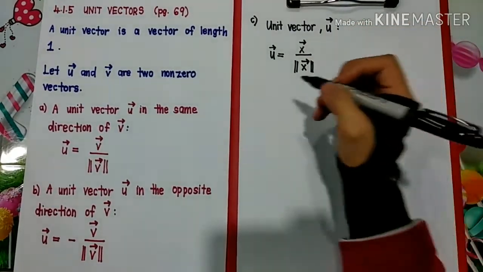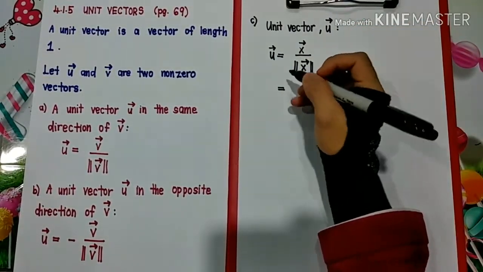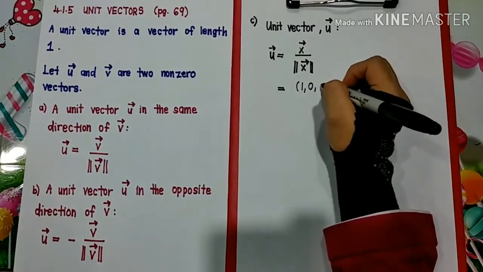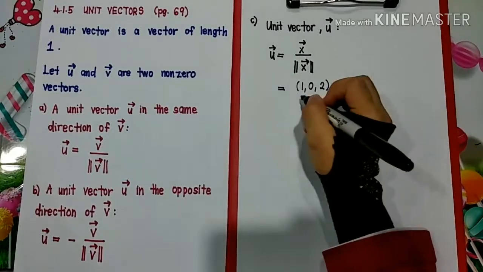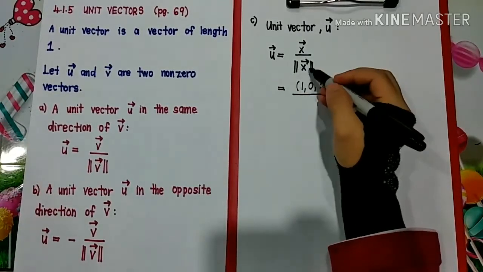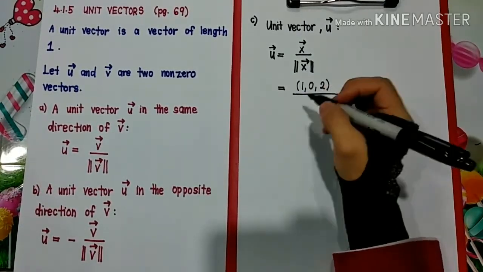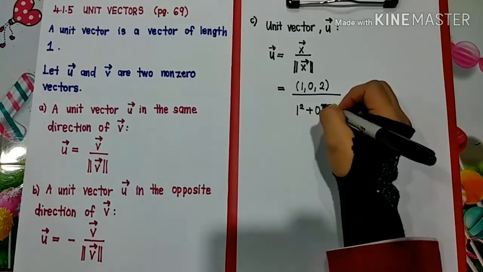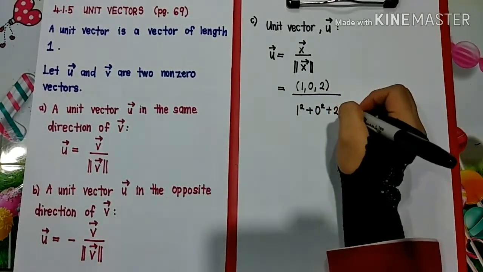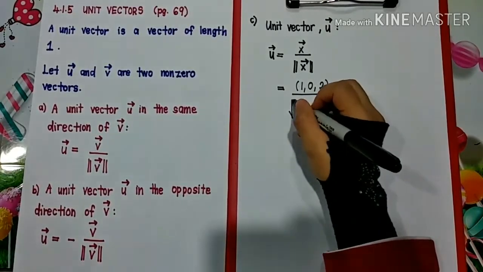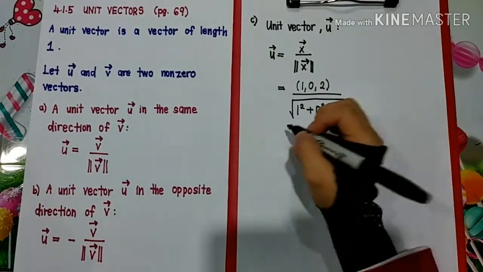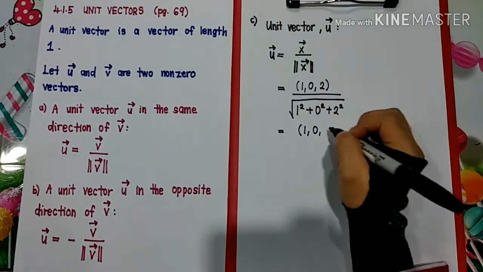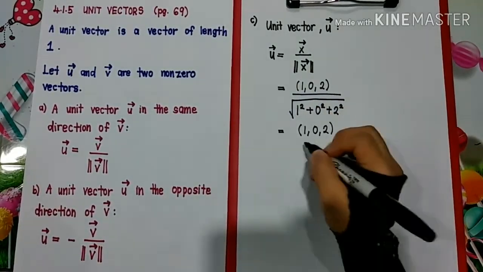So vector x equal to (1, 0, 2). Now we find the magnitude of x. Magnitude of x equal to 1 squared plus 0 squared plus 2 squared, and remember to put the square root here. So we can solve for the magnitude of x first.